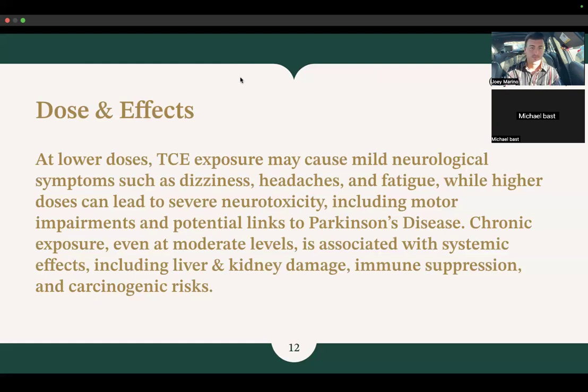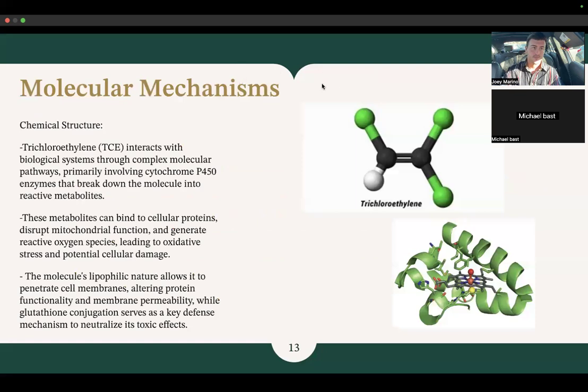Okay. Next, we're going to be focusing on the molecular mechanisms. Before we dive into the exact mechanisms, it's important to look at the actual structure itself. Like Joey mentioned, with the carbon double bond and the chlorines, trichloroethylene interacts with biological systems through complex molecular pathways.